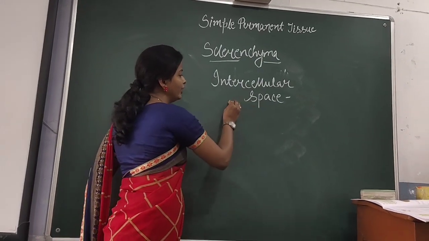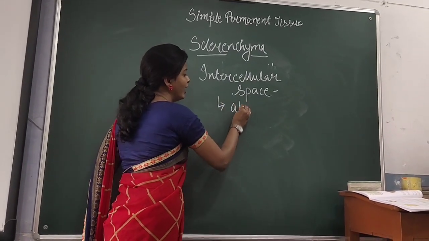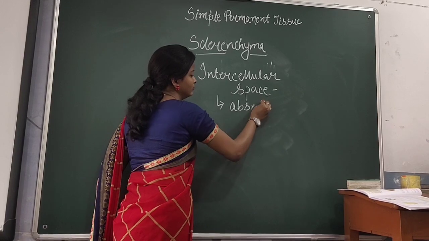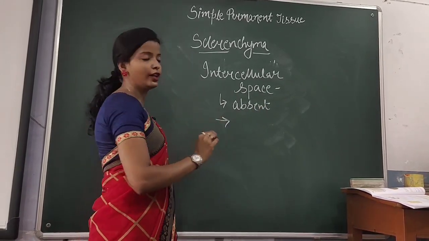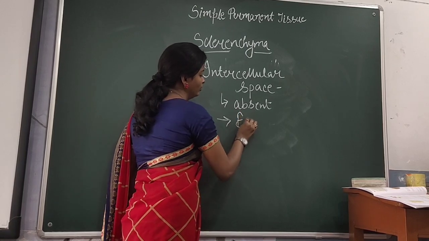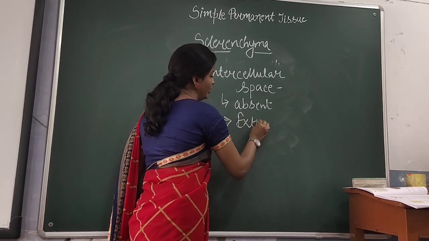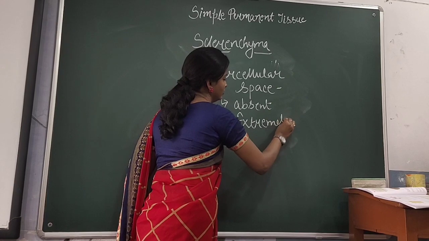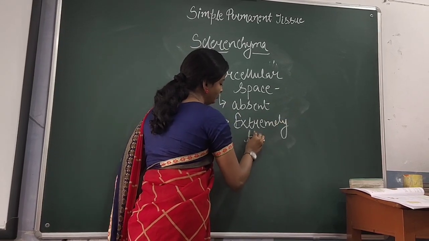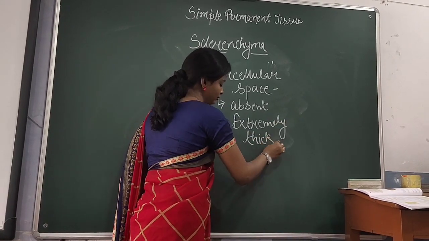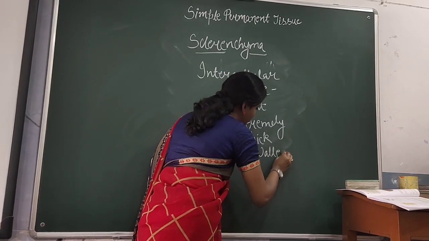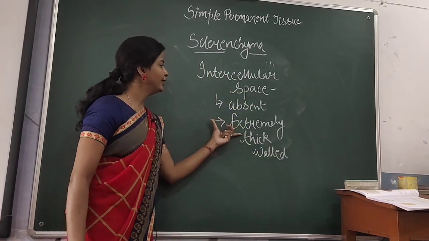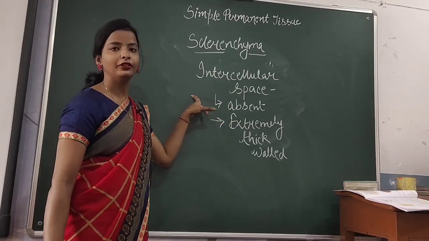So you can say intercellular space is absent. And they are thick walled, extremely thick walled. They are extremely thick walled and the intercellular spaces are absent.